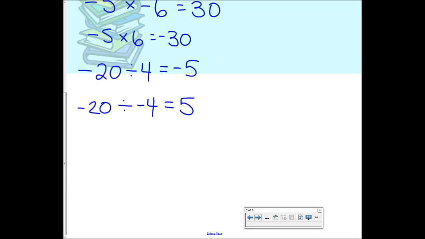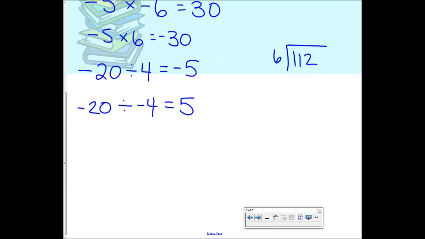Just as a refresher, because maybe it's been a really long summer, how do you do long division if you don't know how to divide something? If you have like 112 divided by 6. Let's say I don't know what it is off the top of my head. What would I do? 6 goes into 11.